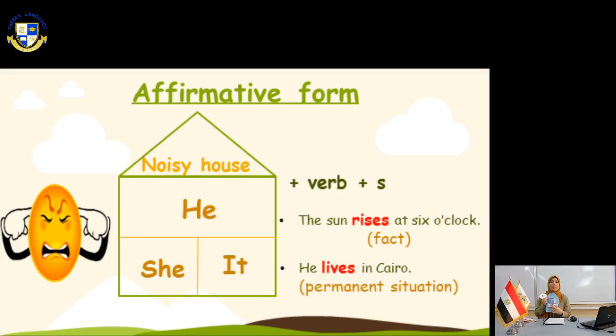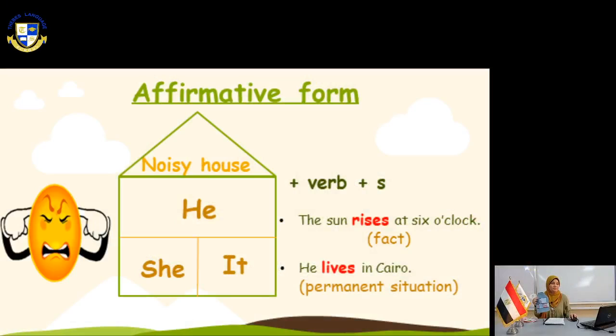Okay? So he goes. He runs. She plays. It eats. So we put s at the end of the verb that comes after he or she or it. Okay?